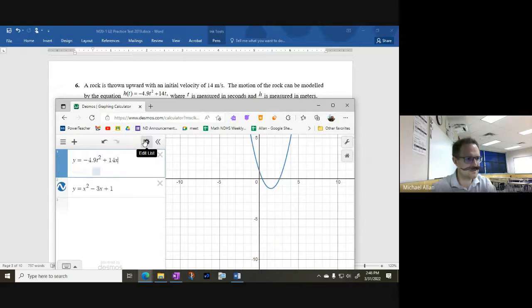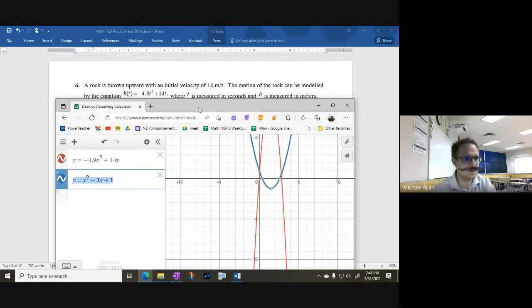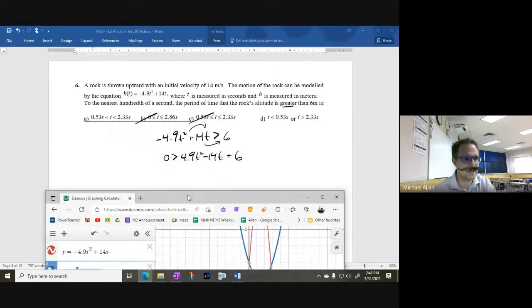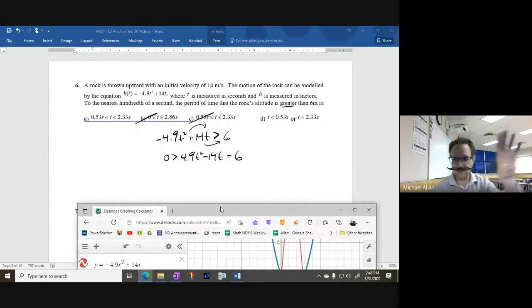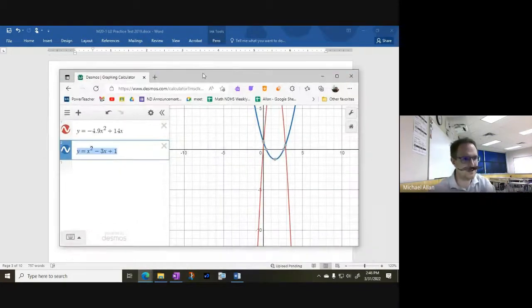X is there instead of t, and I want to know when this is greater than 6. It's kind of like a system. You graph the left side, you graph the right side, and you find where they intersect each other. So this is before I modify the graph.